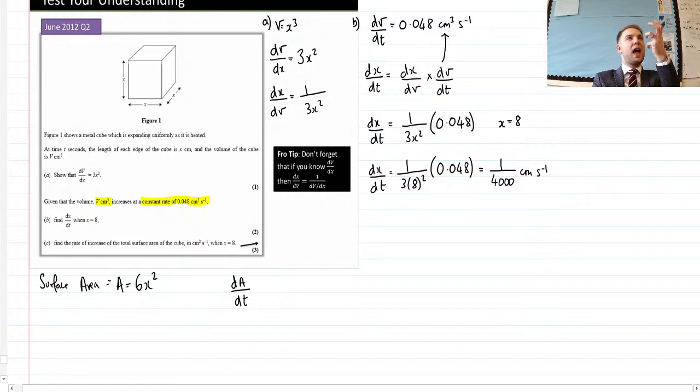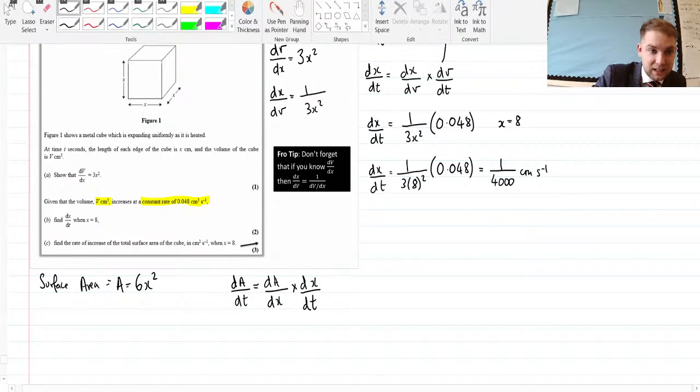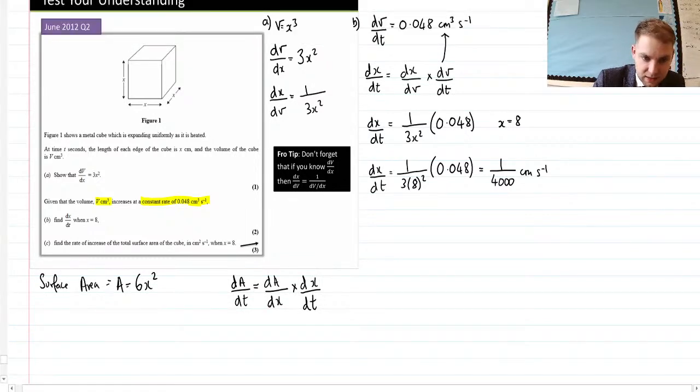Now, I haven't got a formula for area in terms of t, but what I can do is say that this is equal to dA by dx, which I can work out if I differentiate this, times dx by dt, which I worked out in part B. Notice that if I cancel the dx and the dt, I go back to the thing which I want, which is dA by dt.